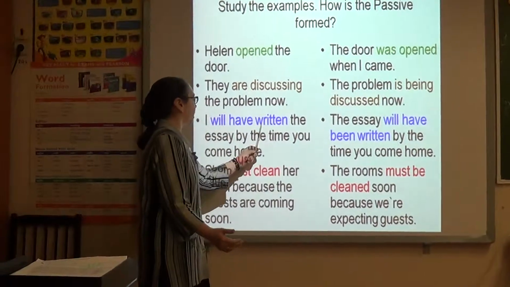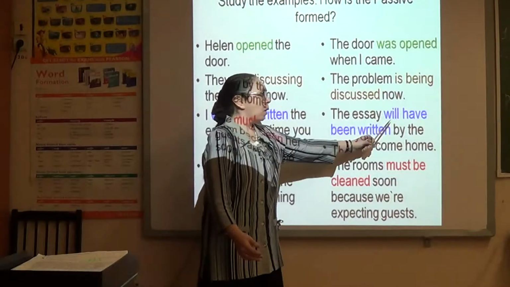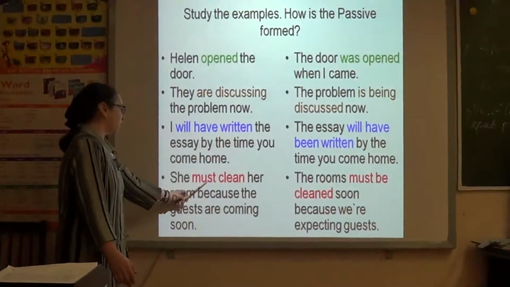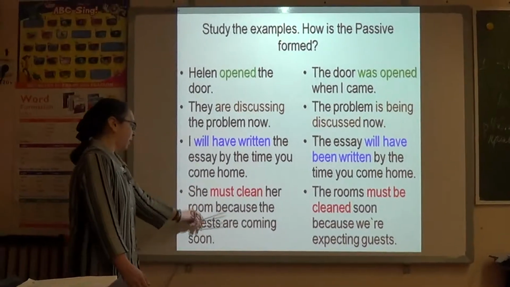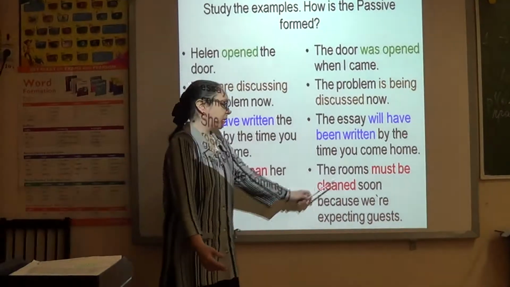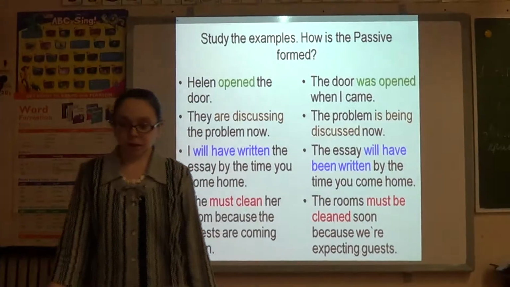I will have written the essay, because the essay will have been written. She must clean the room because the guests are coming soon, versus the room must be cleaned.